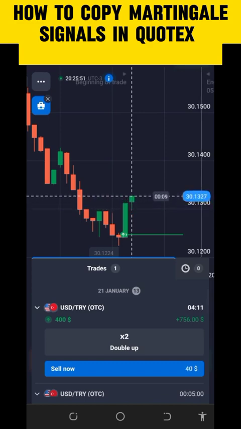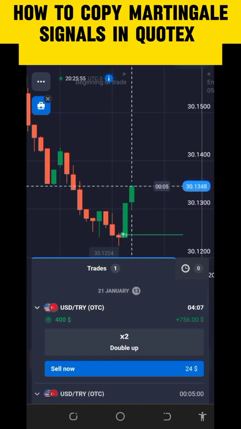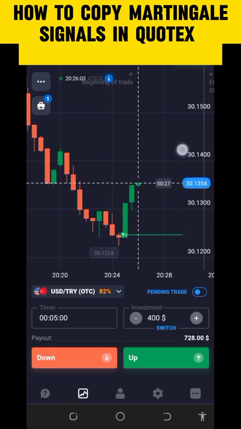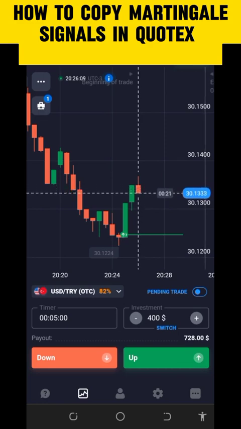That means in this whole trade I will still make $56 as profit if this ends up well. So I'm hopeful it's going to end up well. Let us wait until the trade finishes. I'm going to pause the video again and come back when we are just a few seconds or 1 minute to go.